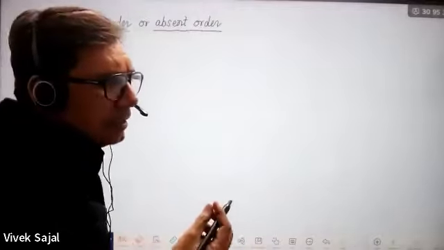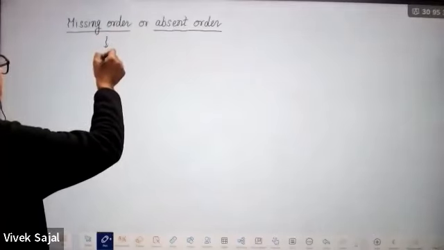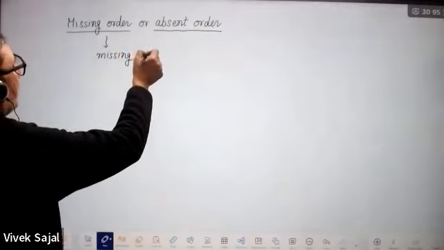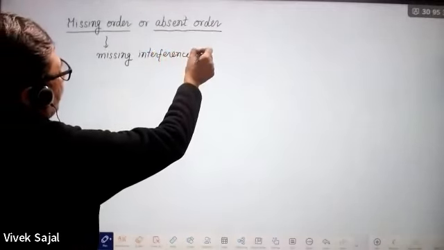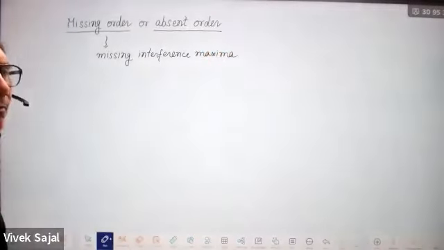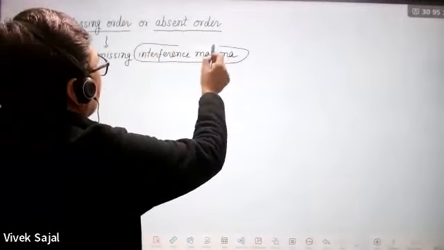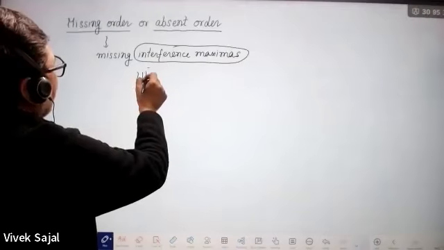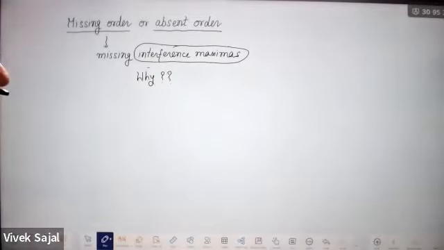Missing order means missing interference maximum. So some of the interference maxima are missing. Why are they missing?